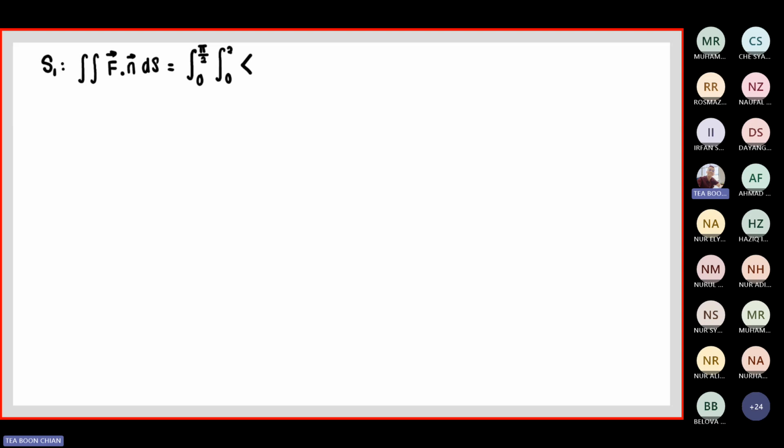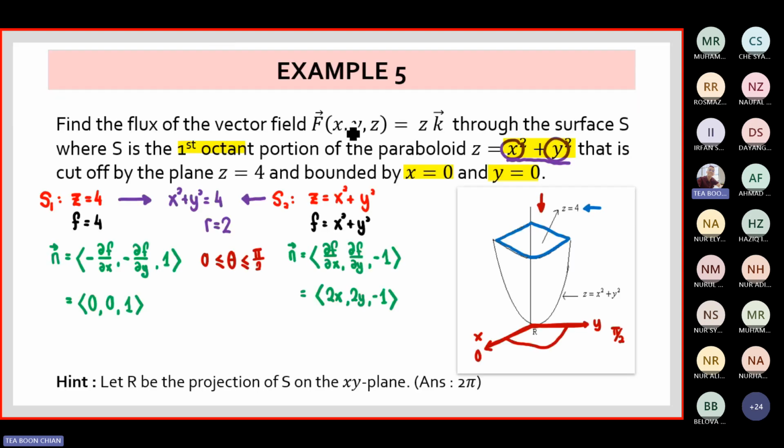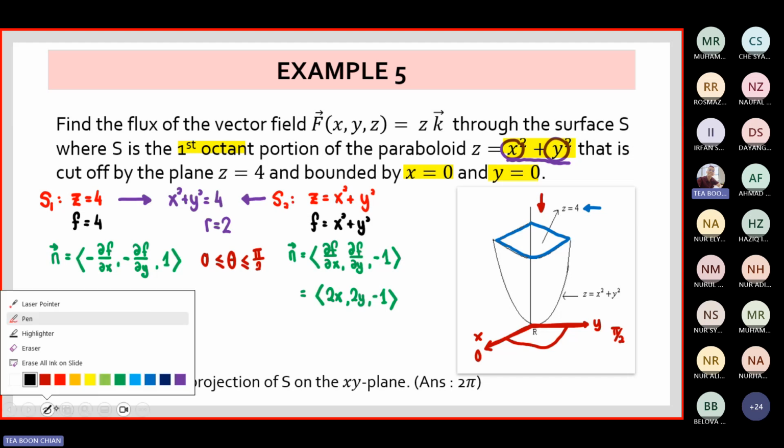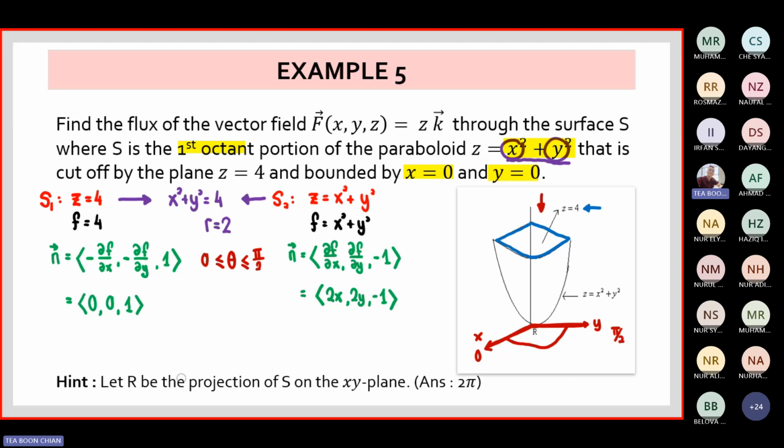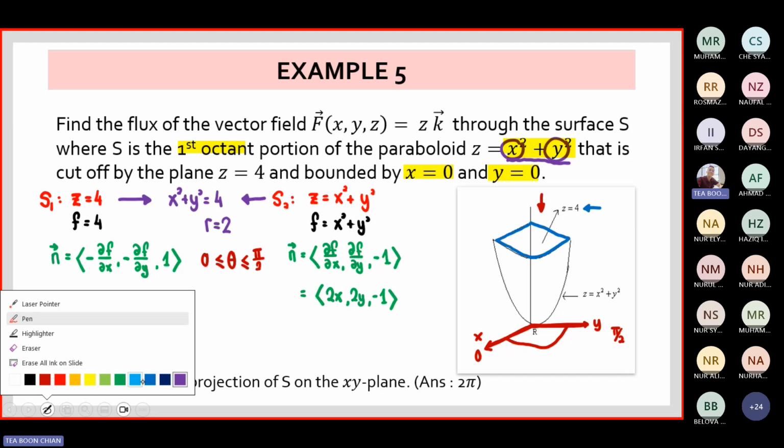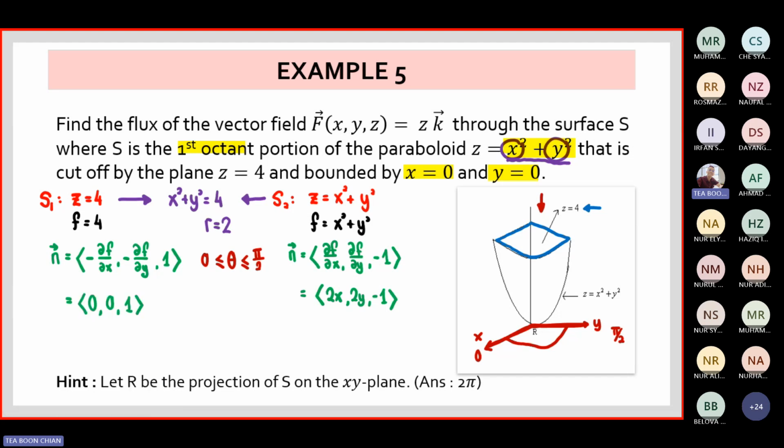Now F is also a problem. Please be careful. If your F has only one direction k, it means i, j are 0. Students, we are now talking about three-dimensional vectors. Make sure you understand all i, j, k should have some values or some variables. If you can't see any, it means they are 0.